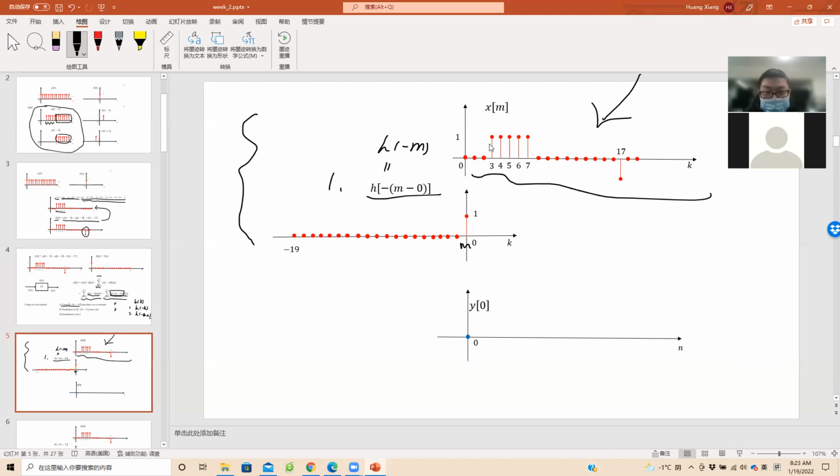So do the production and the summation, the final answer is 0.